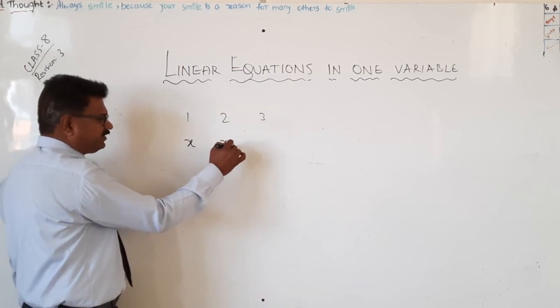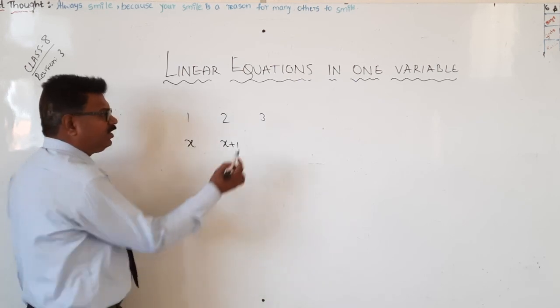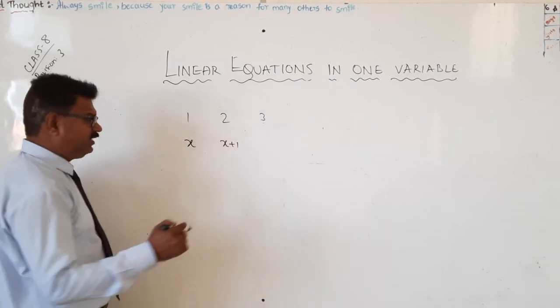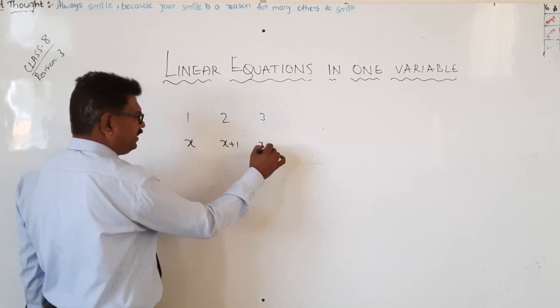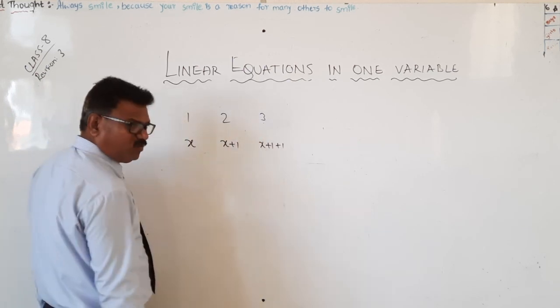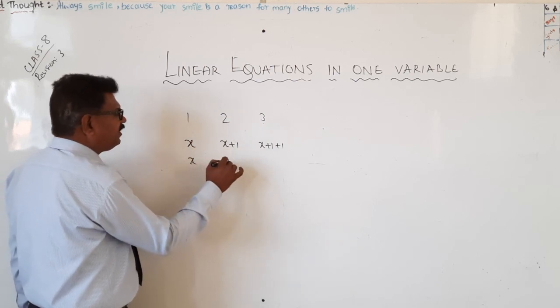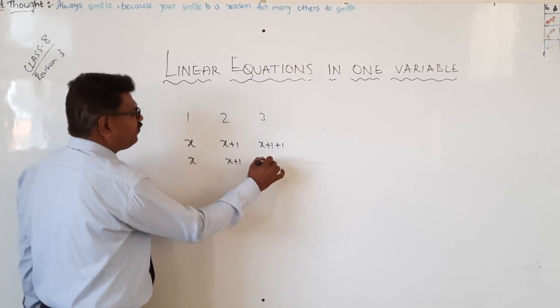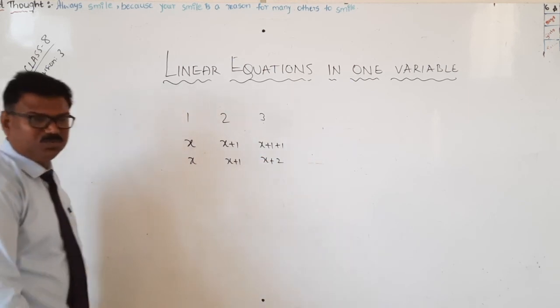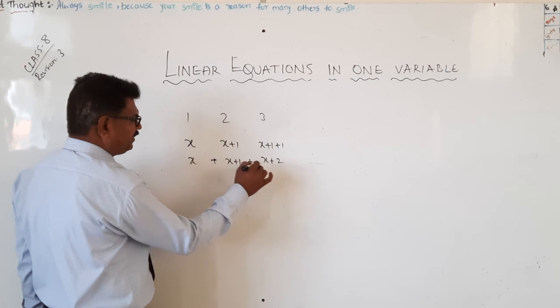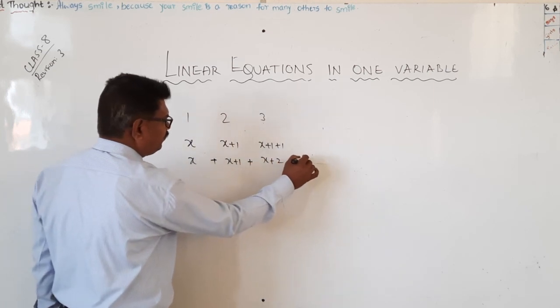Yes, x plus 1. For this and this, what is the difference? 1. Therefore, we can write like this, x plus 1 plus 1, therefore x plus 2. Sum means plus, is equal to 51.